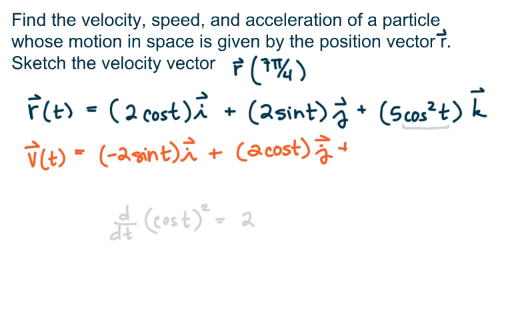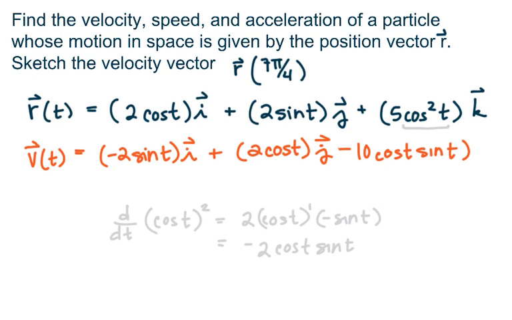Using the chain rule, that would be 2 cosine t to the first, and then the derivative of cosine is negative sine t. So this is negative 2 cosine t sine t. Multiplying that by the 5, this will become minus 10 cosine t sine t k.